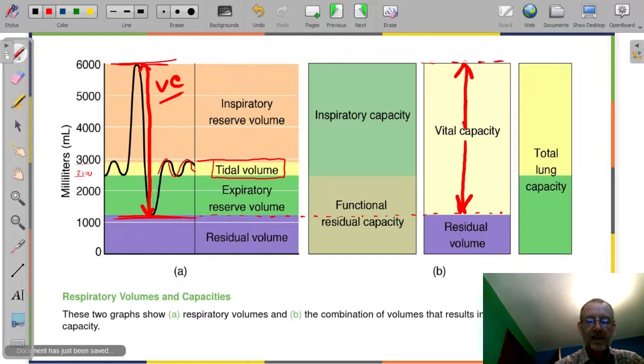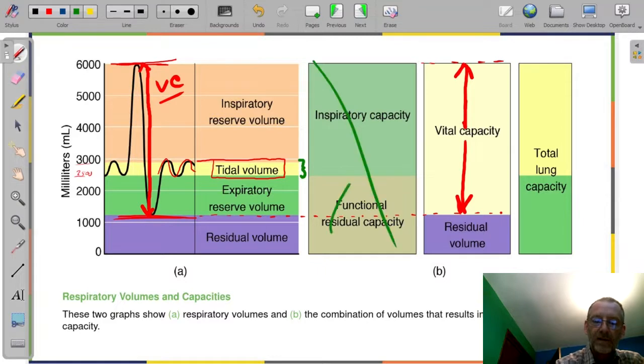Here is our inspiratory reserve. So this is our tidal volume, TV. I'm running into this next figure, so don't worry about this one. And this is our tidal volume, about 500 mils.